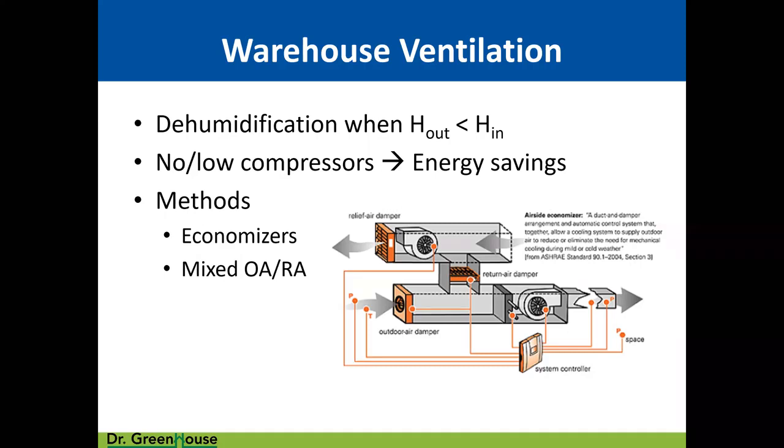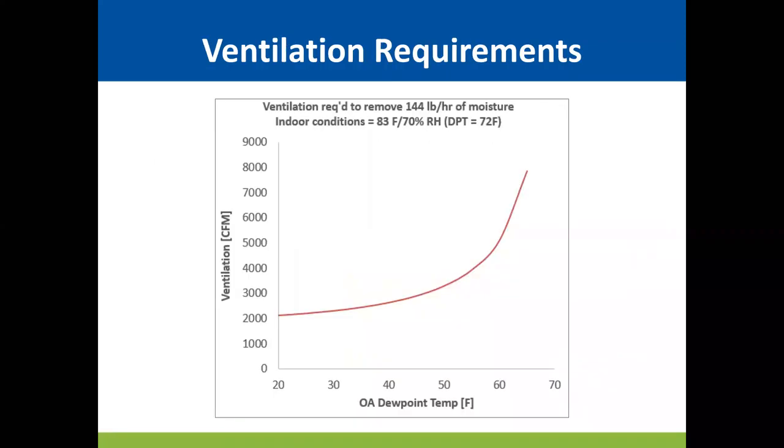There's also some sophisticated controls out there where you can actually determine what the mixture of outside air and recirculated air could be to maybe take advantage of the dry air outside. Even if it's hot outside, now we still need to cool the air, but we don't have to cool it so much that we also have to dehumidify. And we're going to talk about dehumidification being incredibly energy intensive.